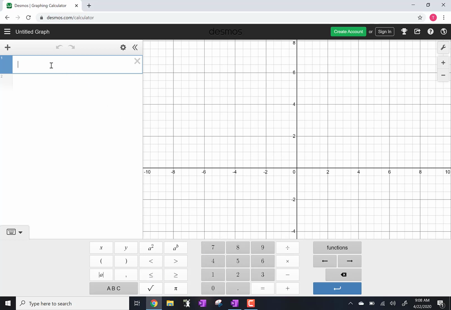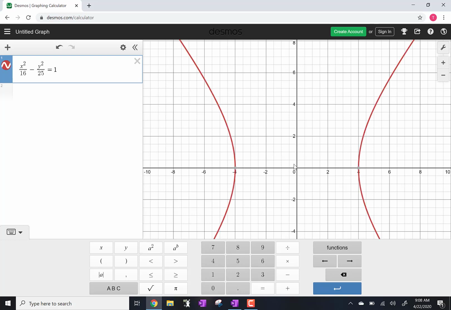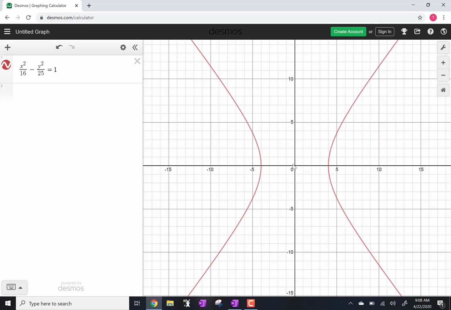So I'm just going to put x squared divided by 16 minus y squared divided by 25 equals 1. Right, so you can see that we get that equation.